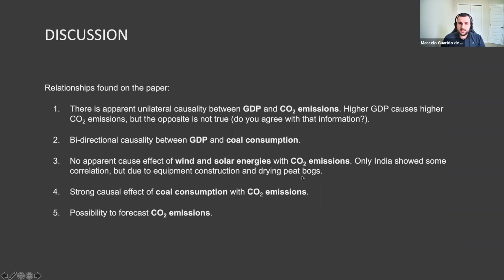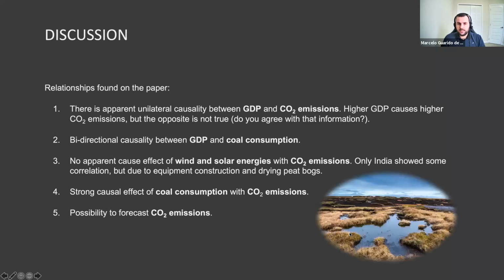For people who don't know what a peat bog is, peat bogs are wetlands that have been formed over the last thousands of years, and all the dead plants go to the bottom of these peat bogs and create a layer that doesn't allow the CO2 to pass through. So there is a reservoir of CO2 here.